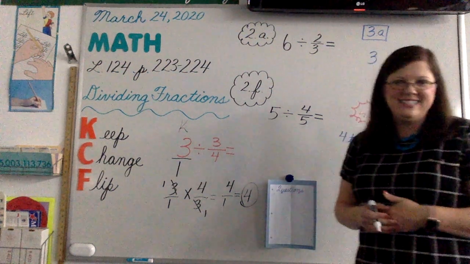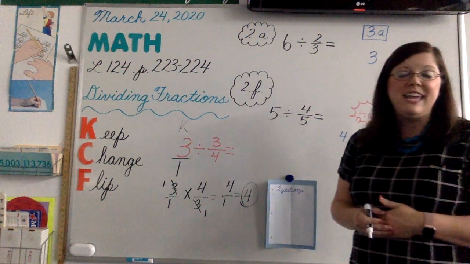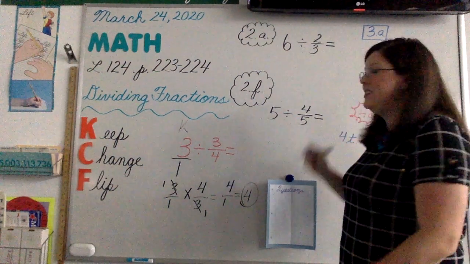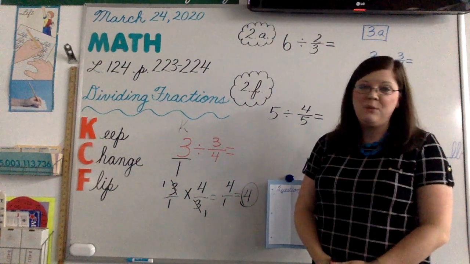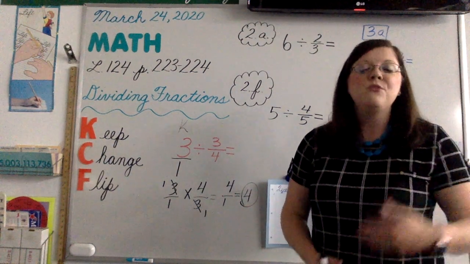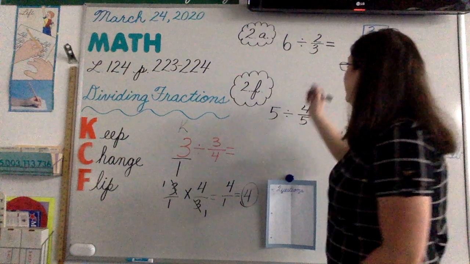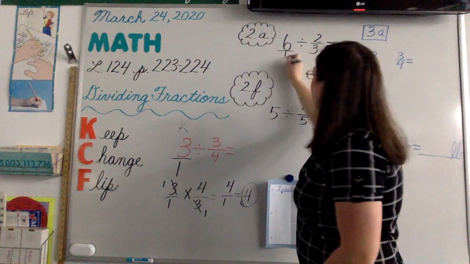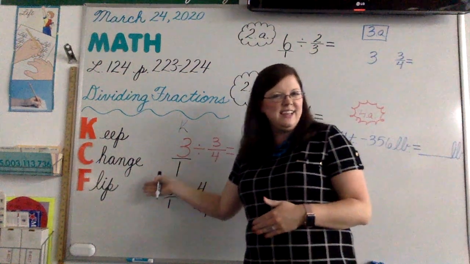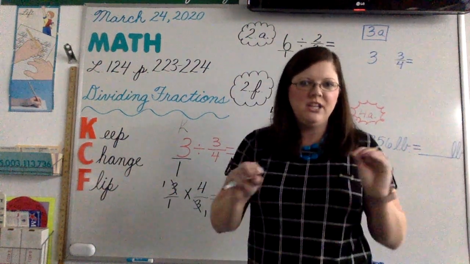Okay, so let's go ahead and take a look at our next problem. This is going to be in your book, section 2, letter A. It says 6 divided by 2. The first thing that we have to remember is we can only divide a fraction by a fraction. If we don't have one, we make one. Now we will divide. We call this technically the inversion method.